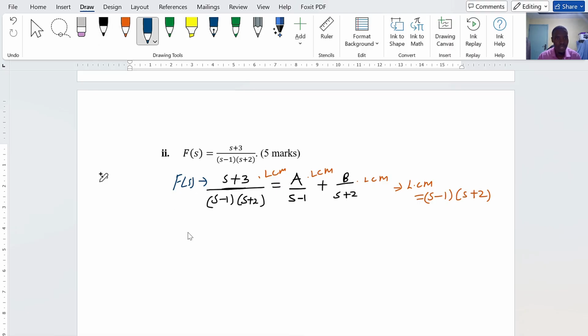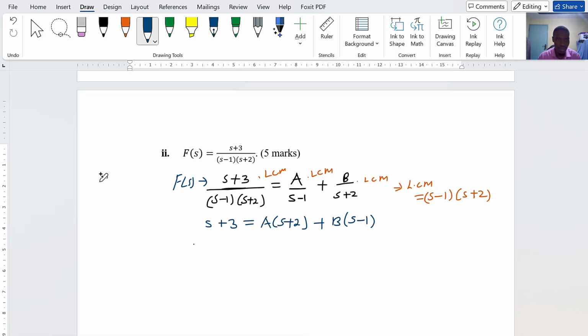So what happened? The other part cancelled the LCM, so it is just s plus 3 equals to a into s plus 2, then plus b into s minus 1.